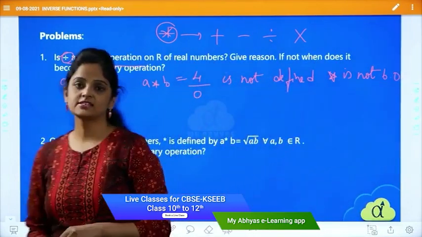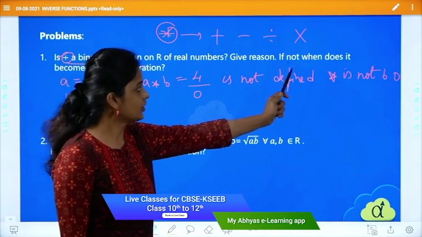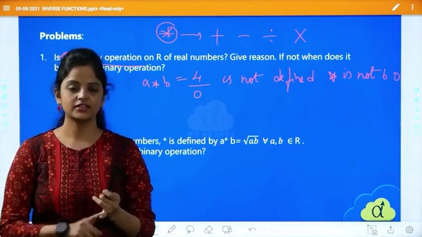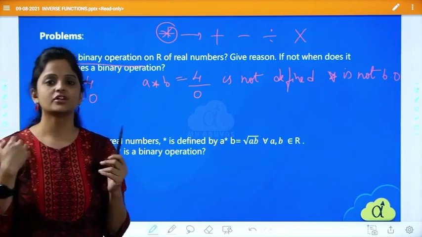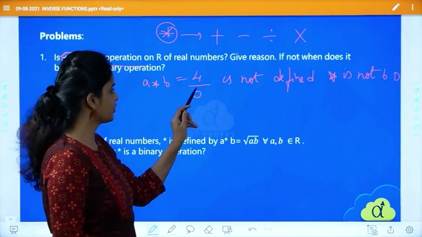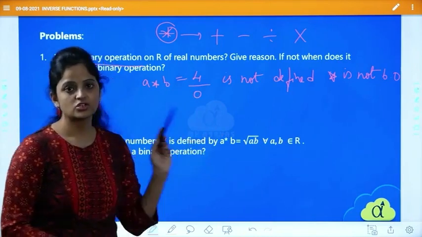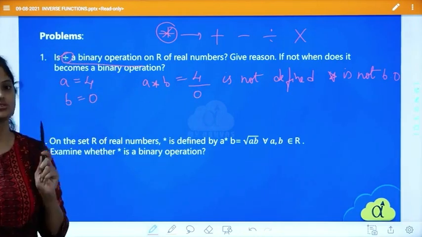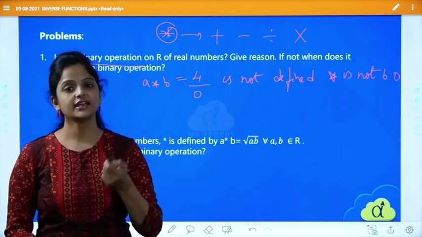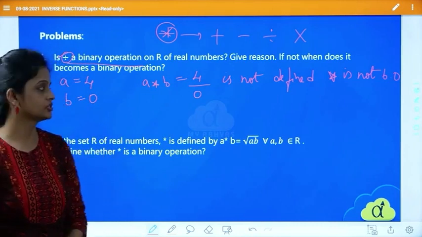It also says when it is. If not, when does it become a binary operation? If it is, then give the reason. If it is not, then also tell when it will be. So what is spoiling this one? The denominator. So the denominator should not be equal to 0. Correct? If the denominator is not 0, then I can get it as a binary operation.